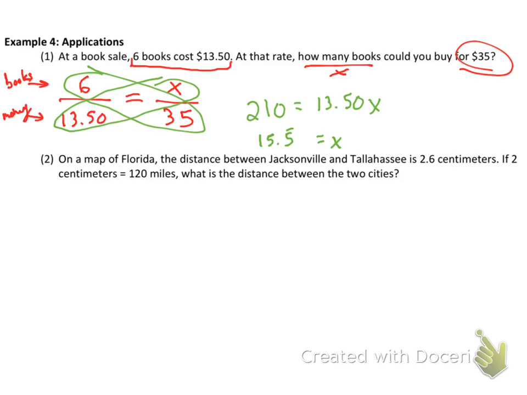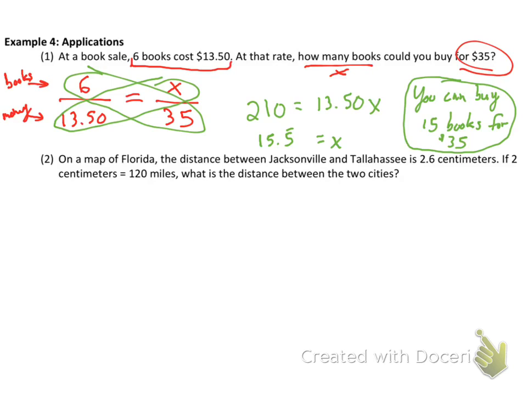But if I think about relating this answer of 15.5 repeating back to the context of the problem, you can only buy 15 books for $35. Because you don't have enough money to actually buy that 16th book.